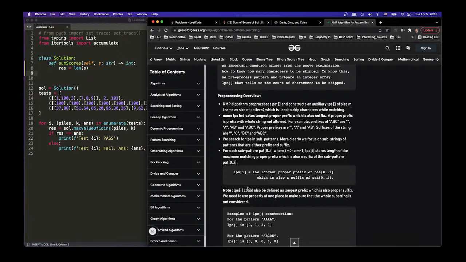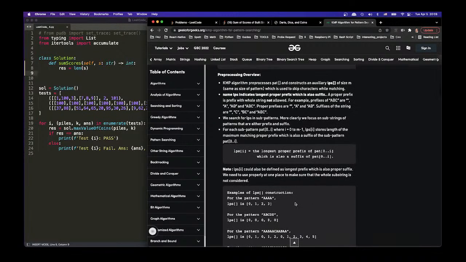Maybe, hold on, let's try this first: the longest prefix which is also a proper suffix. For example, in construction, this pattern is 0, 1, because at this position the longest is this.